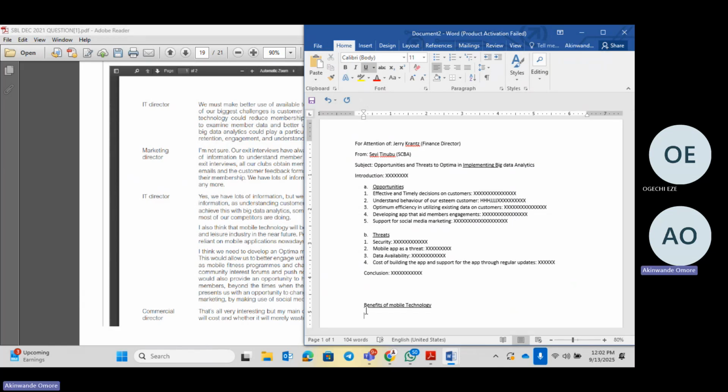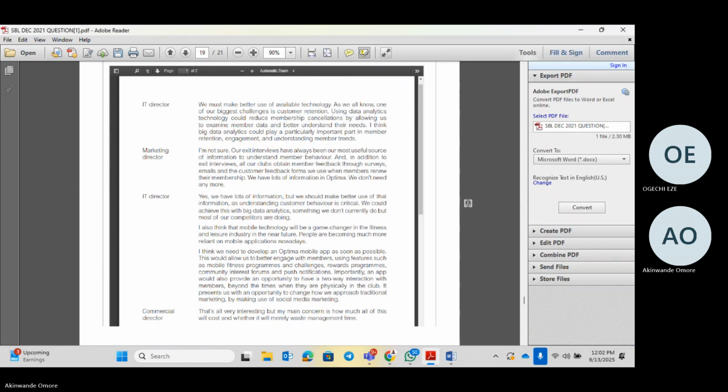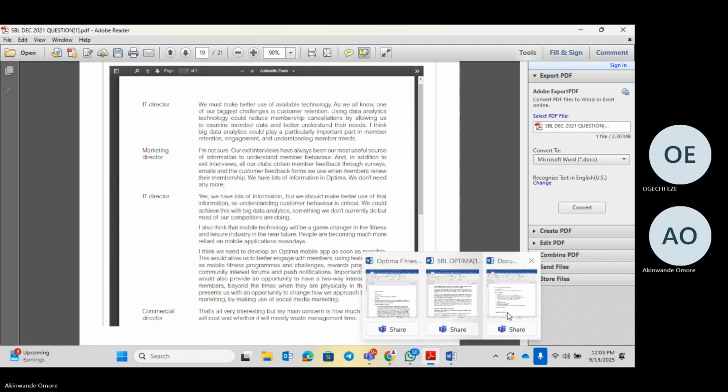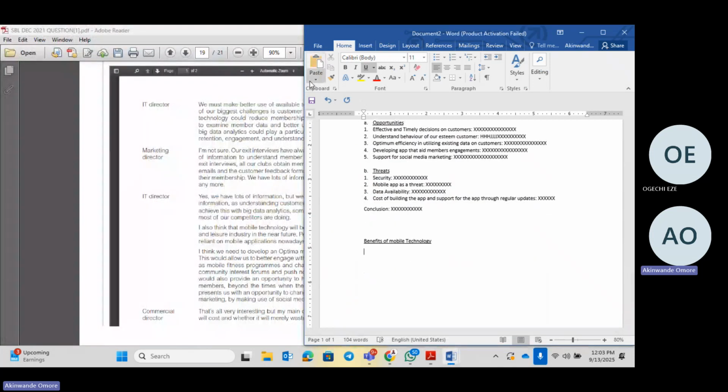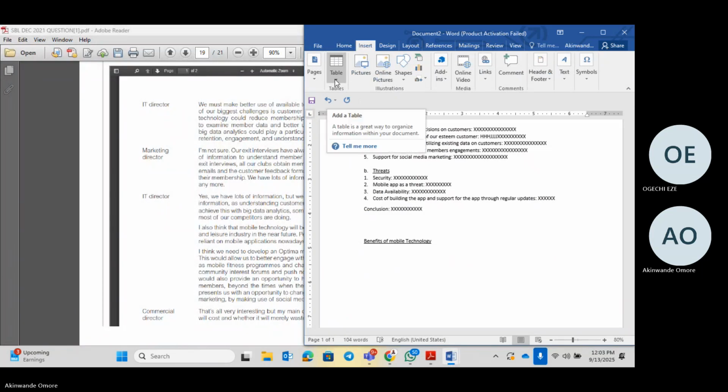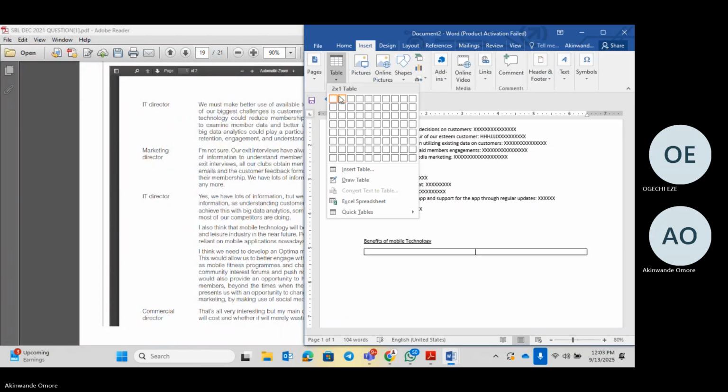Practicing what we just did. If I want to answer this question, I will answer it using a table. The question asks for benefit to Optima and benefit to customers.